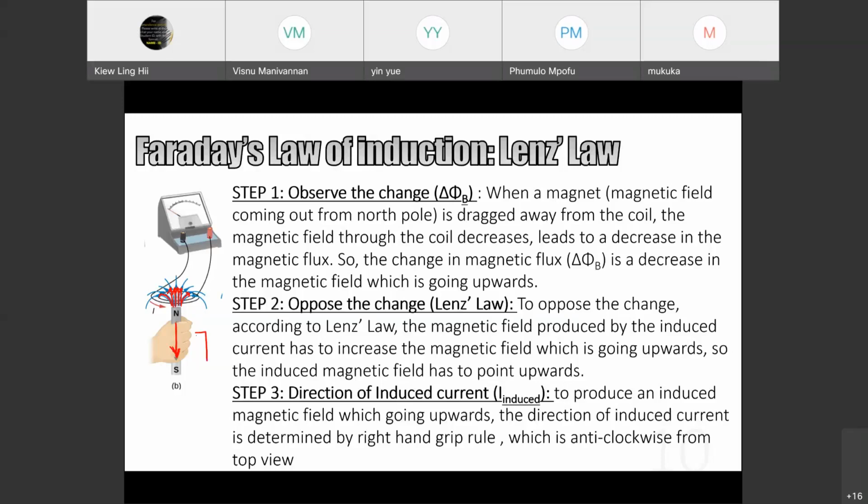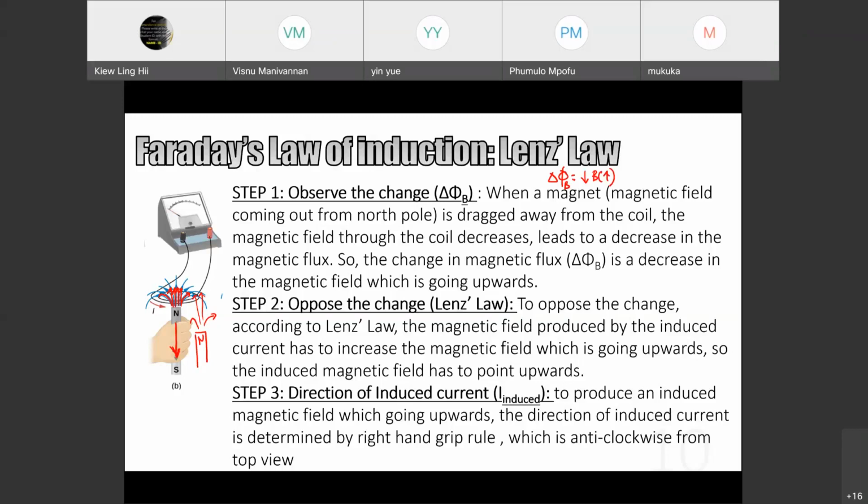When it is moving downward, the amount of magnetic field across the coil will be decreased. So your initial change in flux that you observe here is actually a decrease in the magnetic field, which is moving upwards.